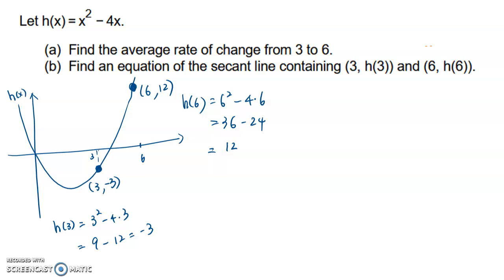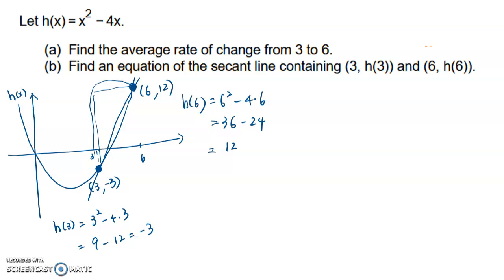So the average rate of change from 3 to 6 would be the slope of the secant line passing through the two points we just got, which is the rise over run between those two points.